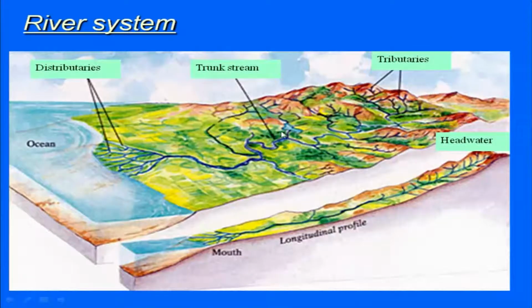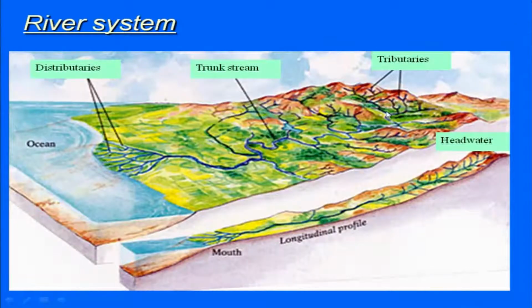So then we have the trunk stream, which is the main channel of the drainage basin, and then finally where it goes and meets, then we have the distributary. So streams coming and meeting or joining the main one, and here they are dispersing in the form of delta.